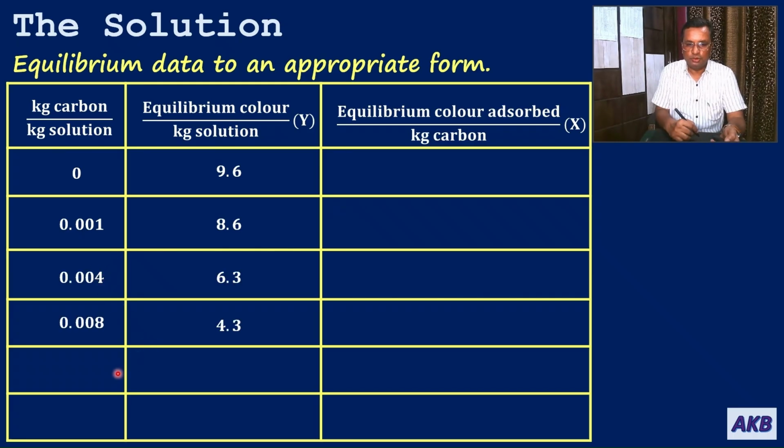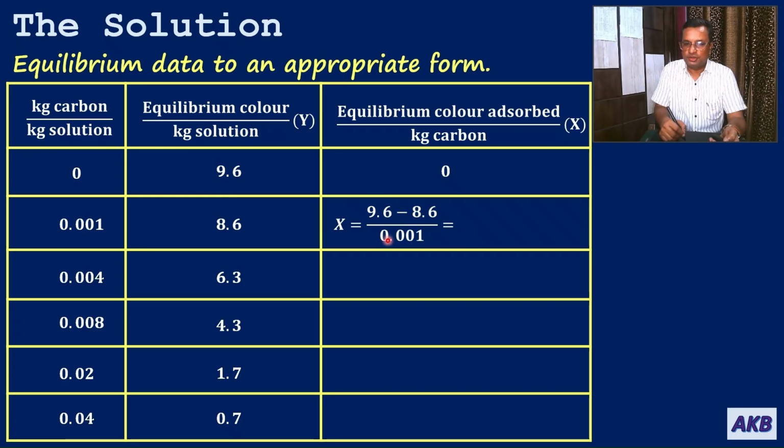I am collecting all those values. First, when you are adding 0.001 kg of carbon, the color is reducing from 9.6 to 8.6. So I am showing the calculation over here.